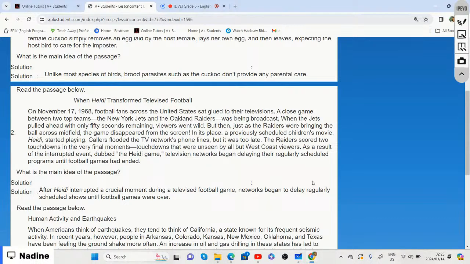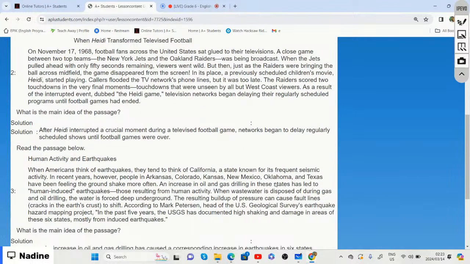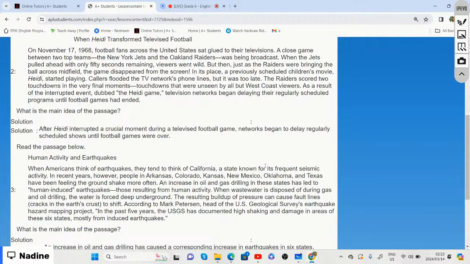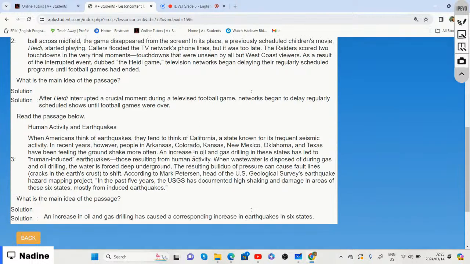All right. And if we now go to the next one, which is human activity and earthquakes. So, when Americans think of earthquakes, they tend to think of California, a state known for its frequent seismic activity.